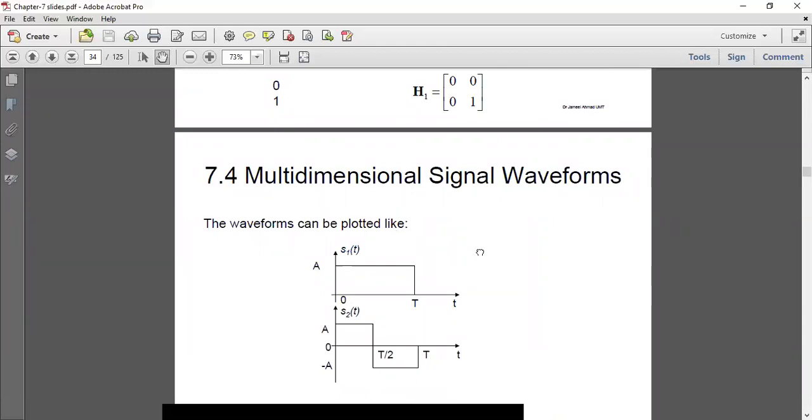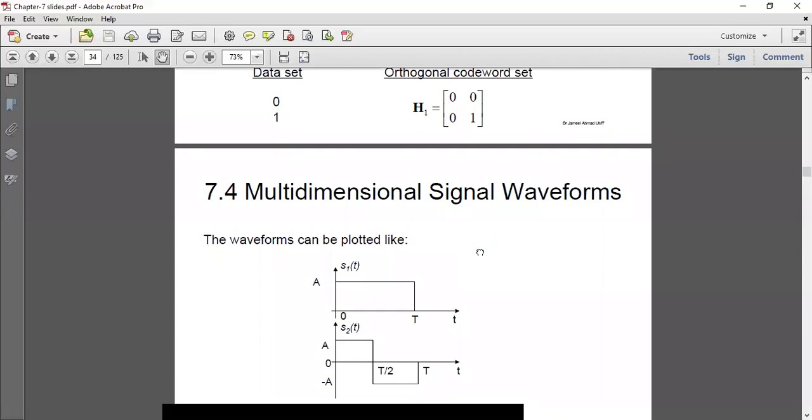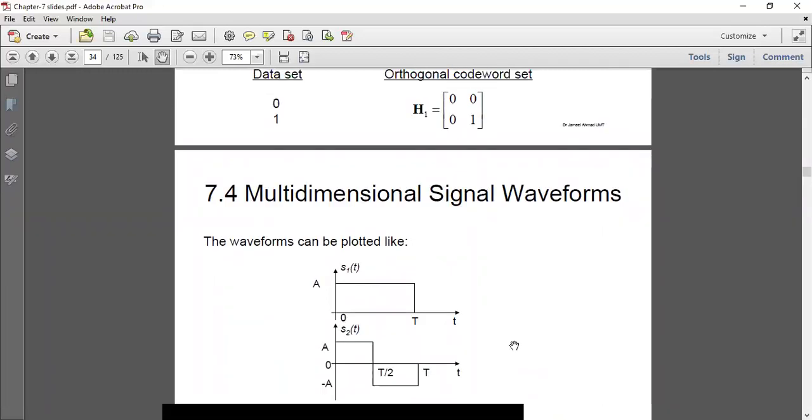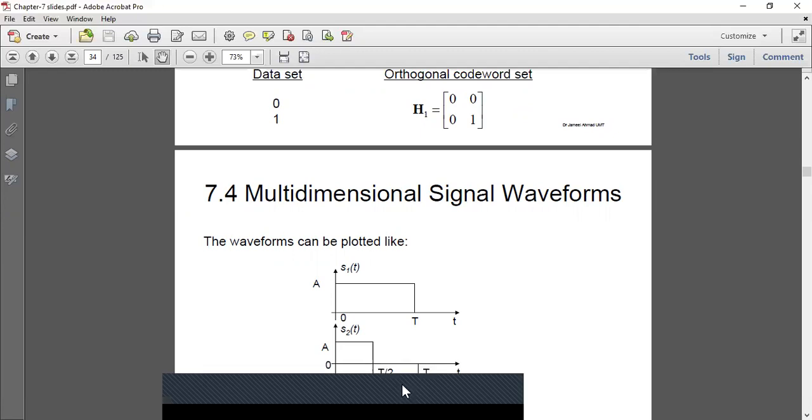In this case, we have the S1 signal and the S2 signal. This is the orthogonal waveform code word set. So let us take a break here and let me take you to the book.